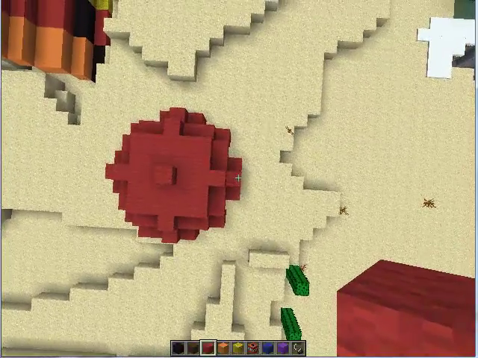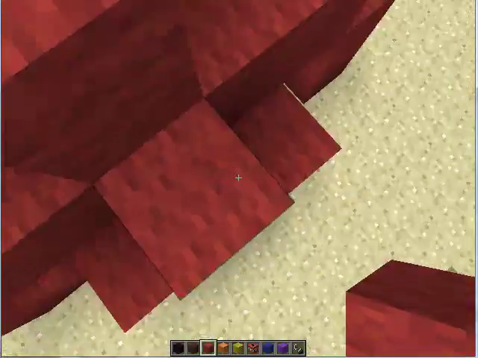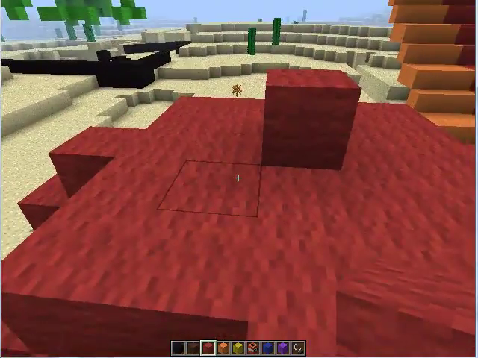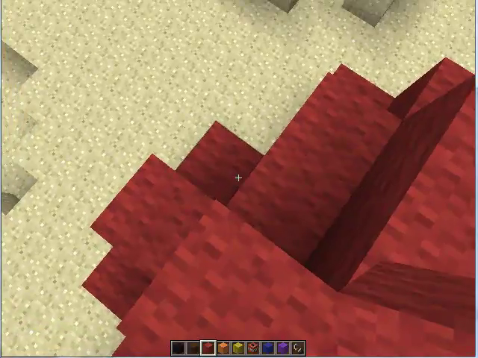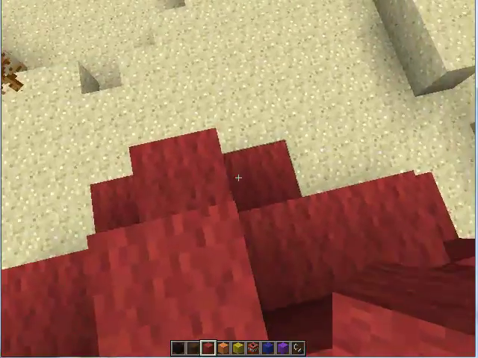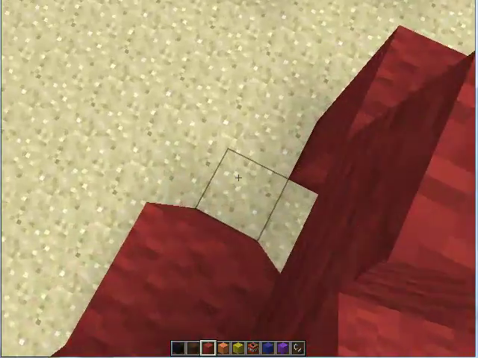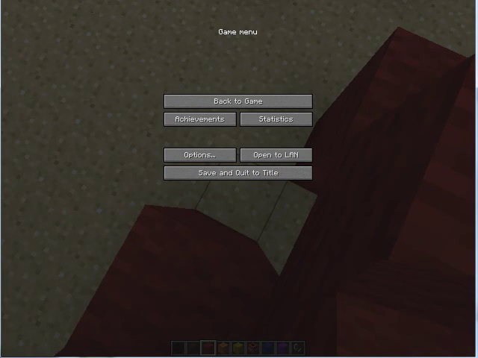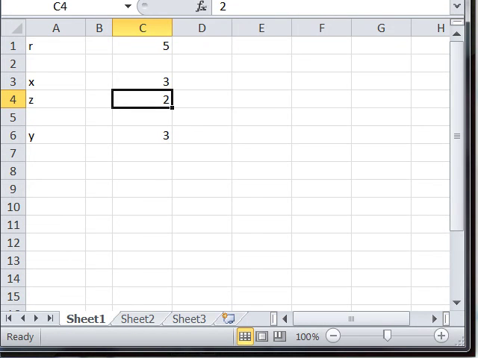What we're missing now is the 4, 2. 4, 2 is going to give us a height of 2.